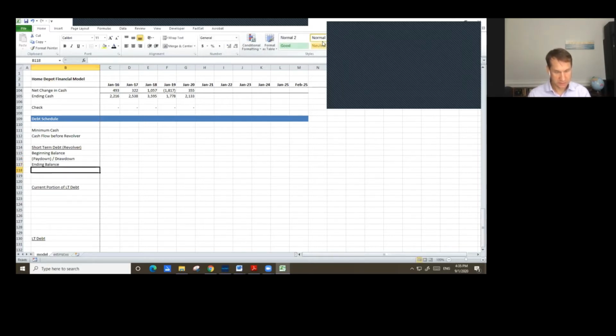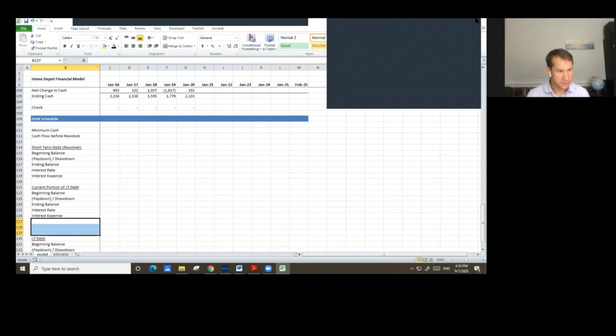And then we'll have interest rate and interest expense. So these schedules will be standard. So I will just copy these headings for the next type of debt.